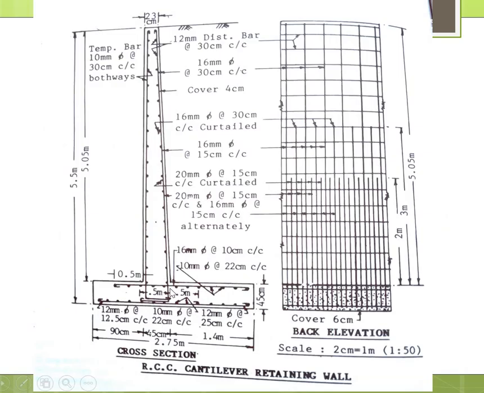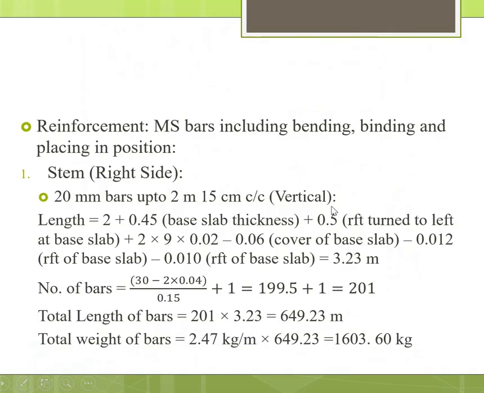Plus 0.5 means here you can see in this section there's a turn. The reinforcement has been turned in the lower portion. That's an additional 0.5 meter you have to add to it, and from that you have to subtract the cover of the base slab.